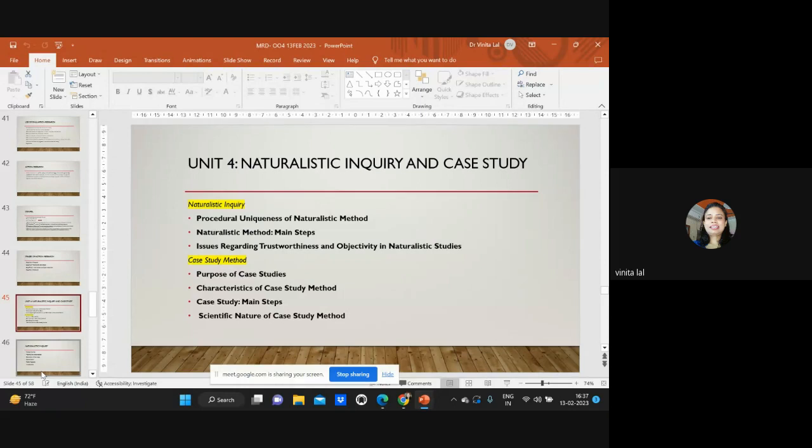It also facilitates the intensive study of a social unit. That's why the case study method is frequently used, particularly in social research. It also helps researchers in the task of constructing the appropriate questionnaire.